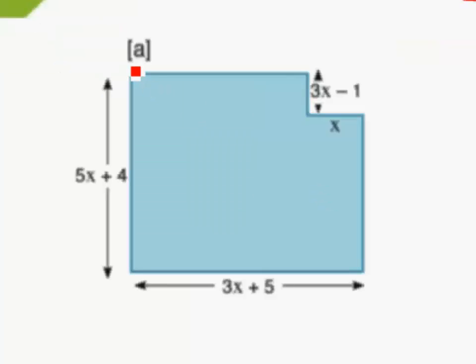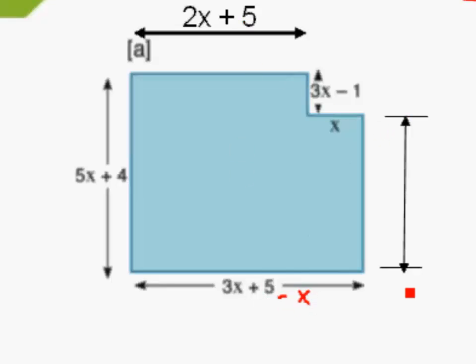But what is this length? This length is 3x plus 5 minus x. It will be 2x plus 5 because 3x plus 5 minus x is 2x plus 5. And what is this length?